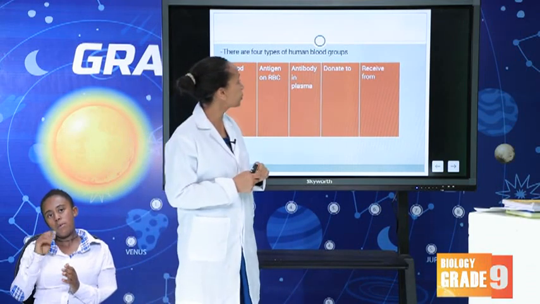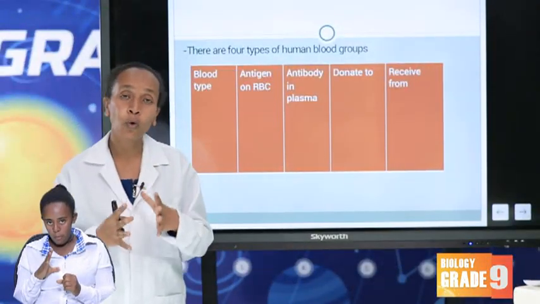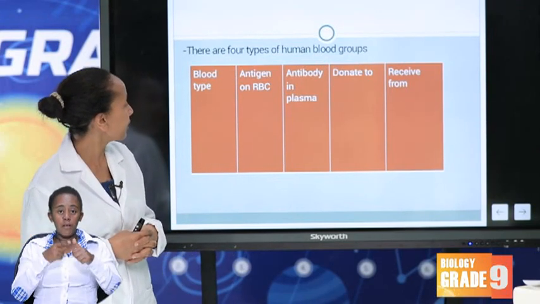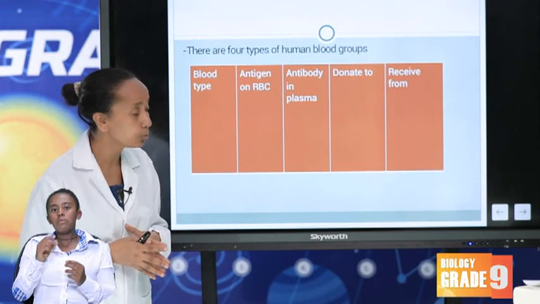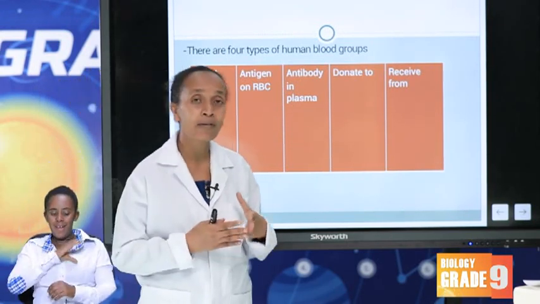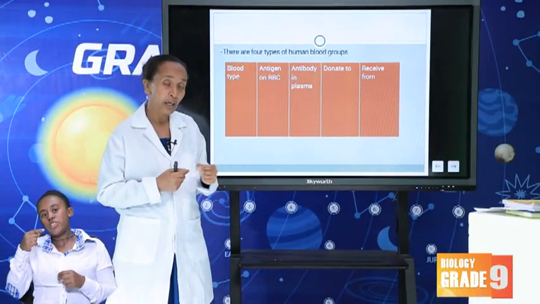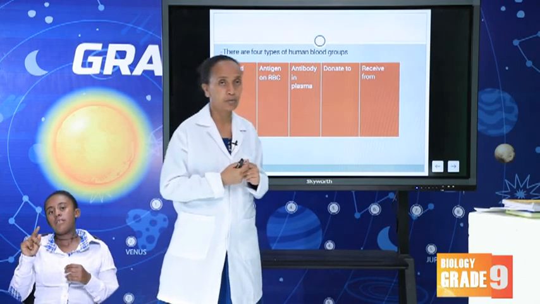The ABO blood grouping system grouped the human blood into 4 classes. The first one is type A blood group. Type A blood group is characterized by having A antigen on red blood cell and anti-B antibody in the plasma.